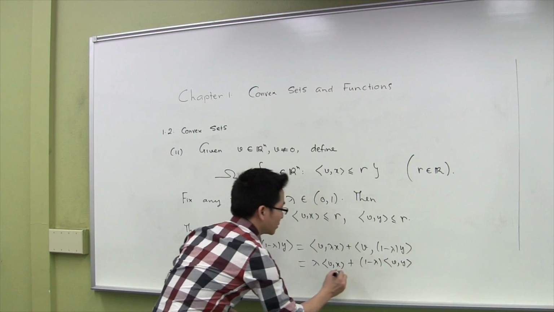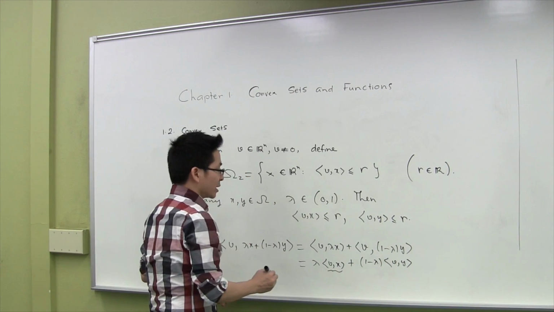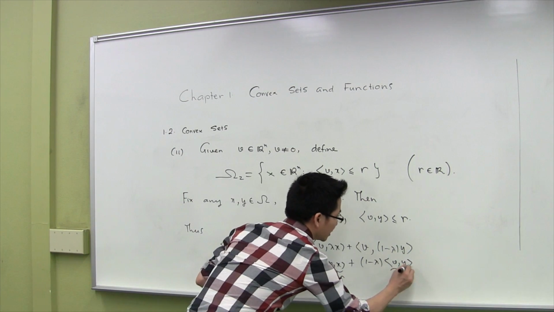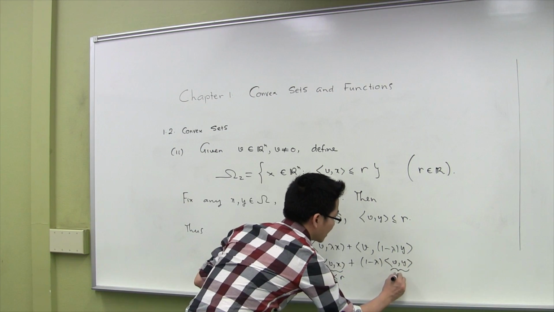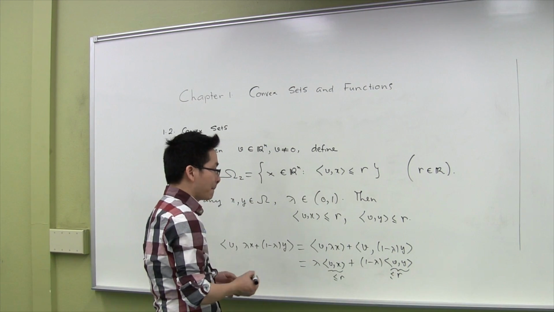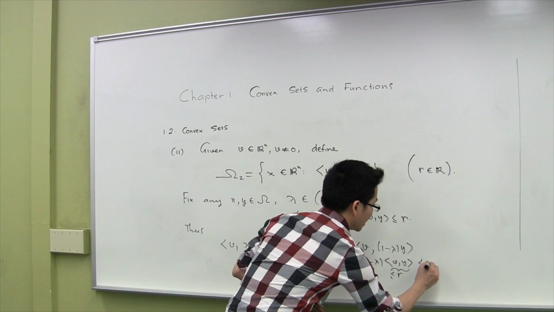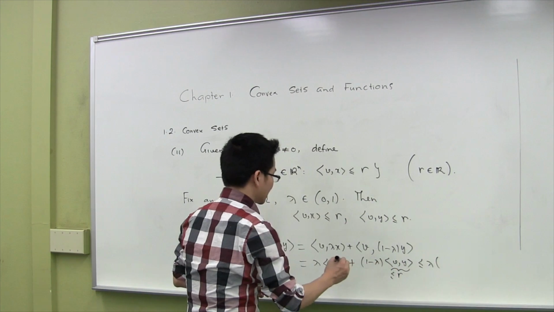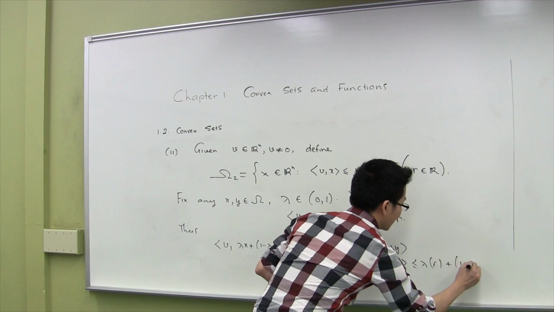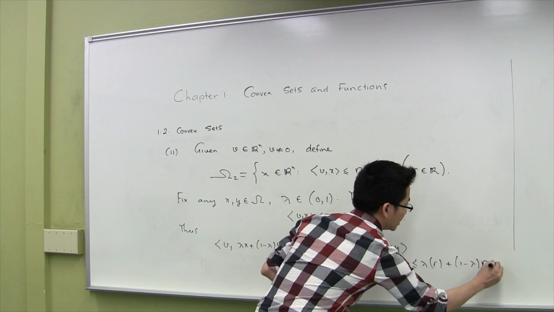Okay, and as we know, the inner product of v and x is less than or equal to r. The inner product of v and y is also less than or equal to r. Therefore, this sum is less than or equal to lambda times r plus (1 minus lambda) times r, which is r.